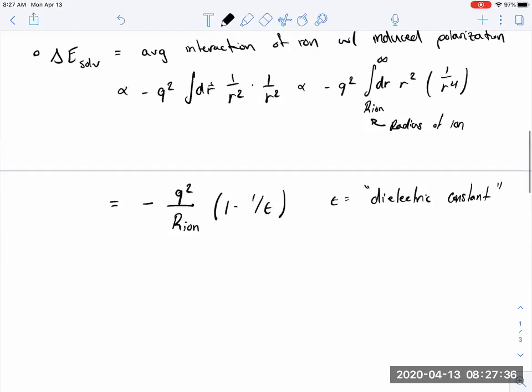That tells us just how strongly the solvent is going to respond to an electric field.